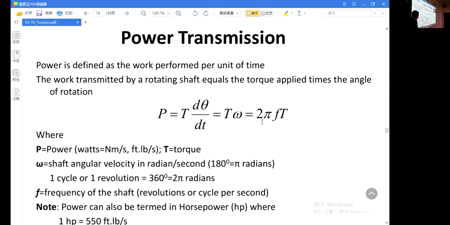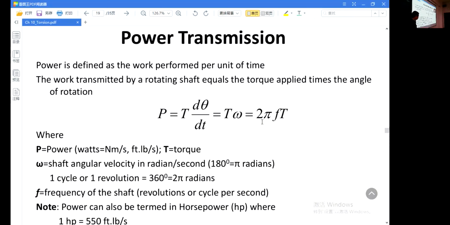P is the power, in watts or foot-pounds per second. T is the torque. Omega is the angular velocity in radians per second. F is the frequency of the shaft.